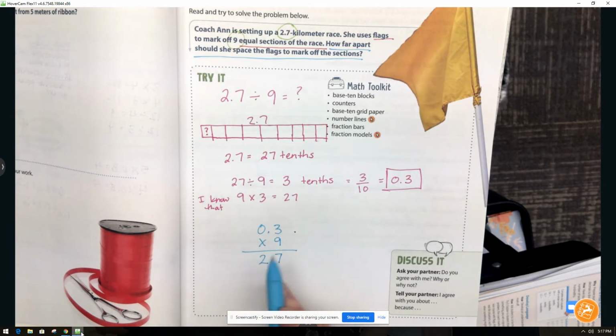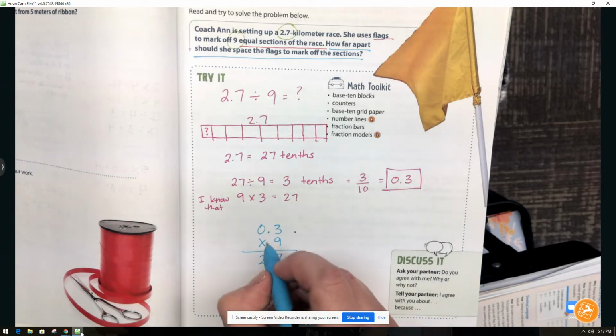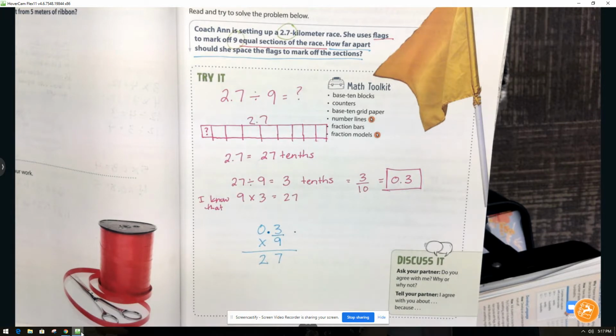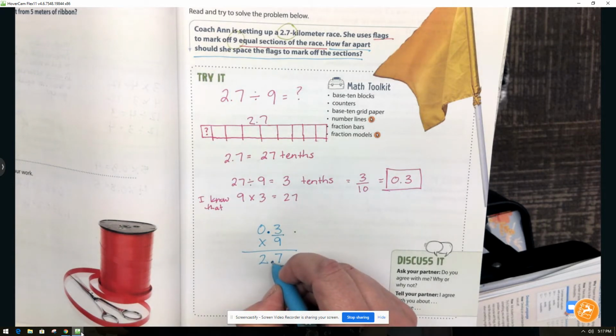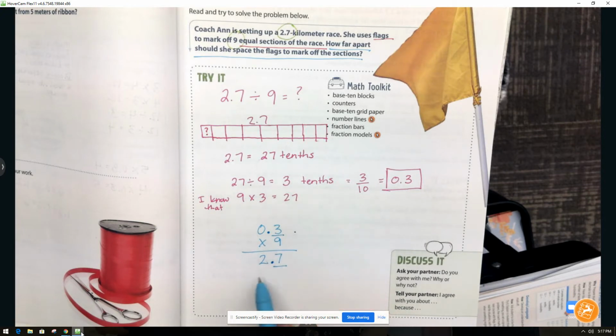And then 9 times 0 is 0, so you don't need to worry about that. And then how many digits do we have after the decimal? We have 1. So our product needs to have 1 digit after the decimal. So our decimal gets placed there. So yep, we are correct. 3/10 times 9 equals 2 7/10.